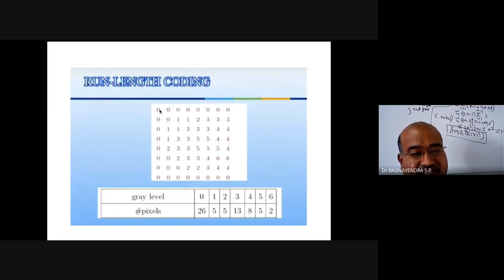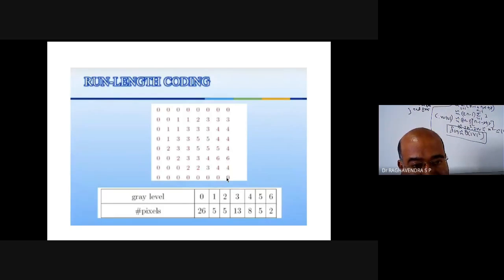Now, if you consider 0, you have to count the number of zeros here. Count the number of zeros in the image, like 1, 2, 3, up to 25.